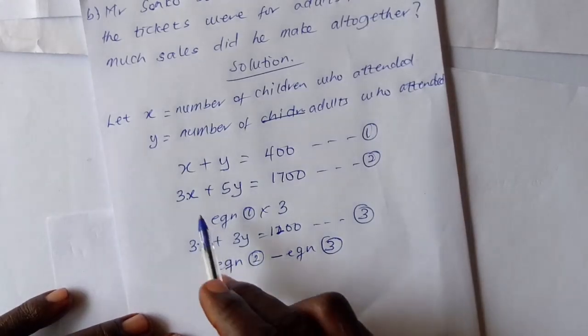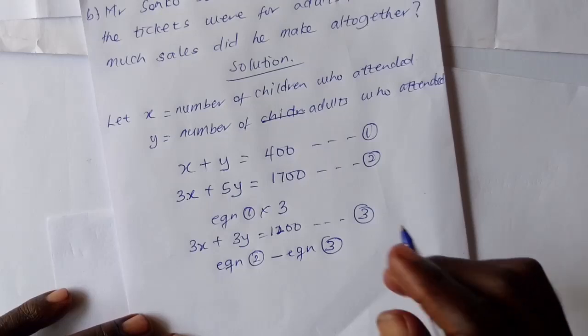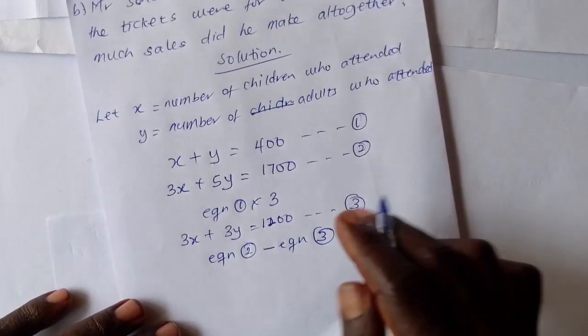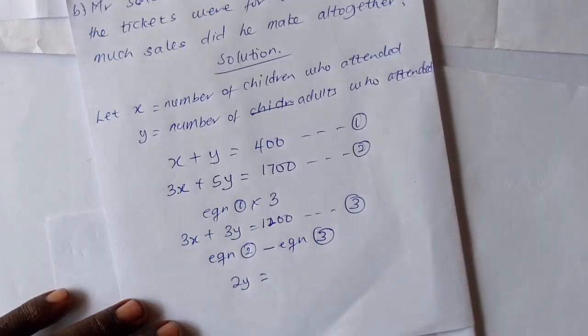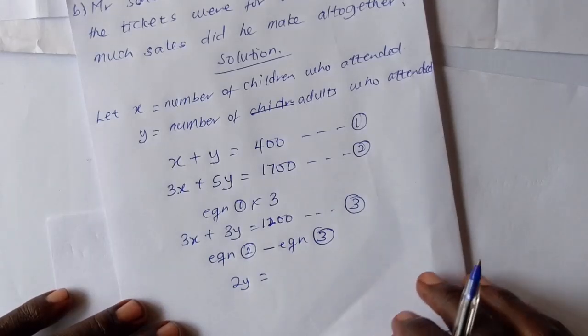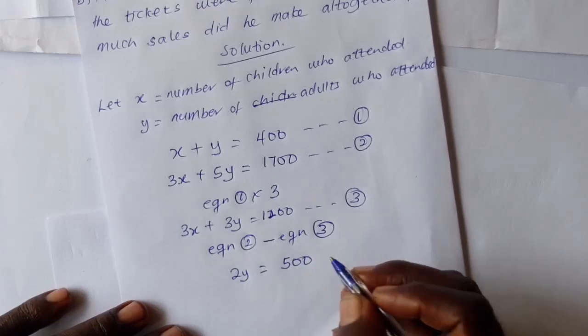Now, 3x minus 3x will give us 0x, that is 0. 5y minus 3y will give us 2y. And then 1700 minus 1200 will give us 500.